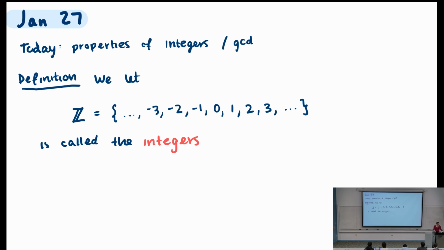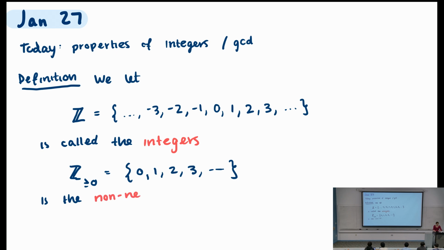And we'll also use this pretty frequently: Z subscript greater than or equal to 0. This will be the set of just integers starting from 0, the non-negative integers.